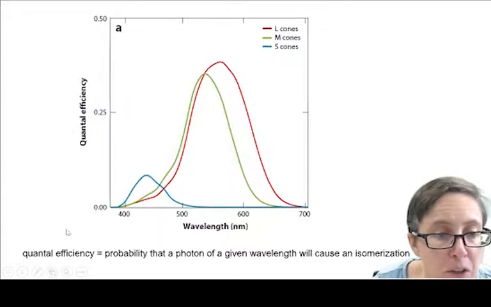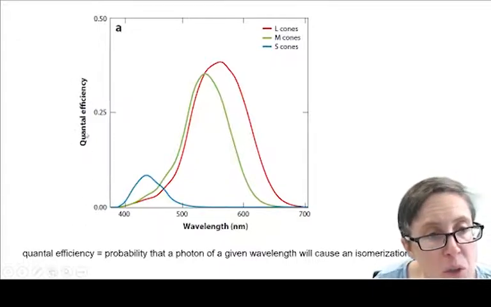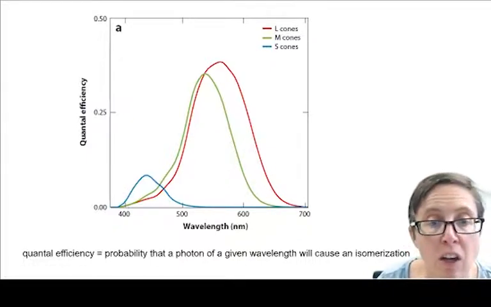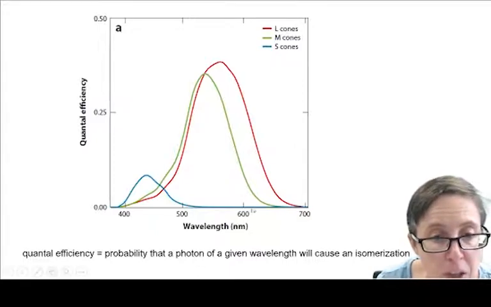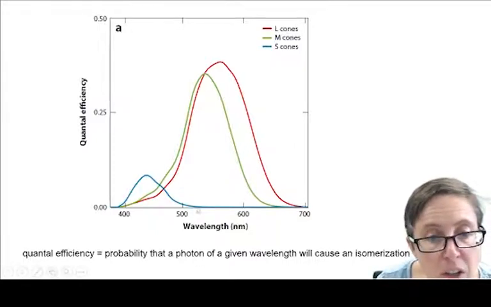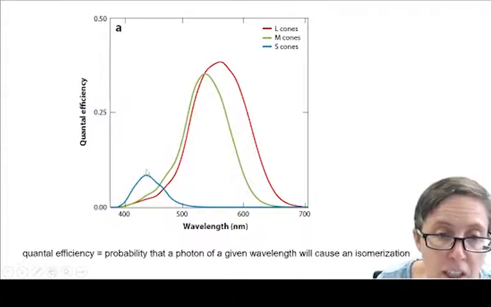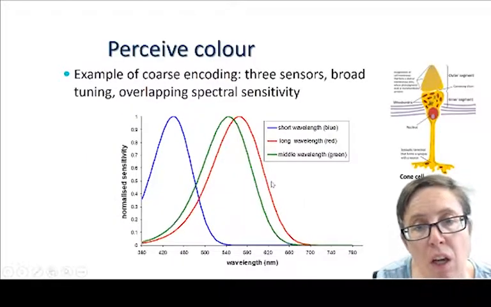So here we've plotted the unnormalised curves, and actually this is plotted in terms of quantal efficiency. So the probability that if a photon hits a cone, it causes an isomerization and therefore a current. So that, in other words, the photon is detected by the photoreceptor. And you can see that the S cone, it peaks at shorter wavelengths, and actually it's far less likely to absorb a photon than the other 2 cone types.